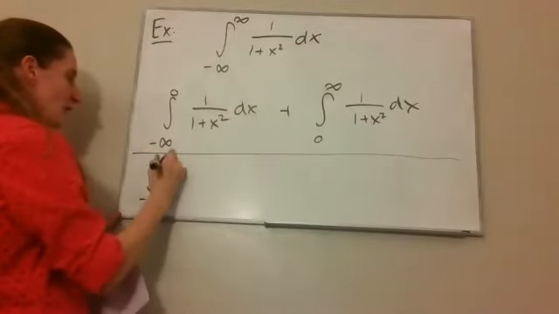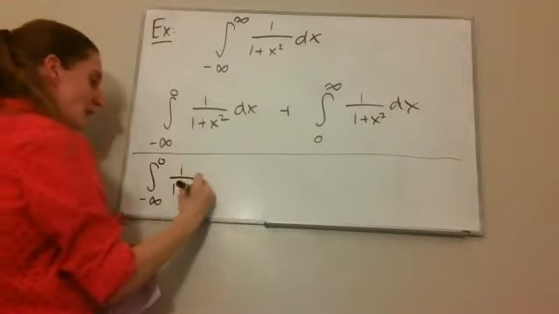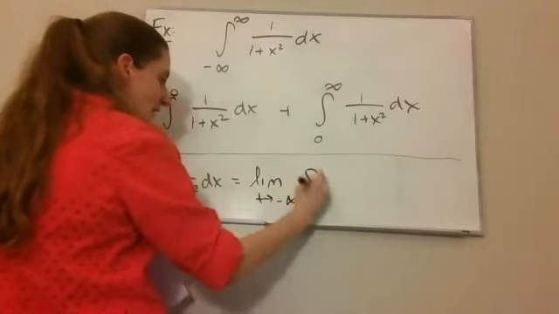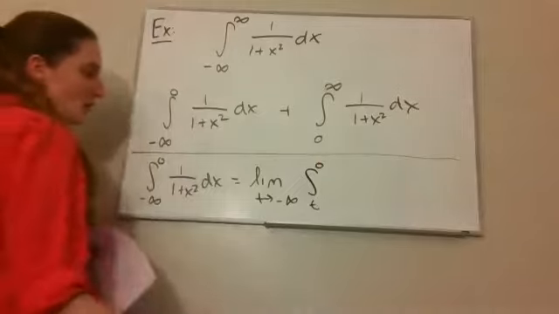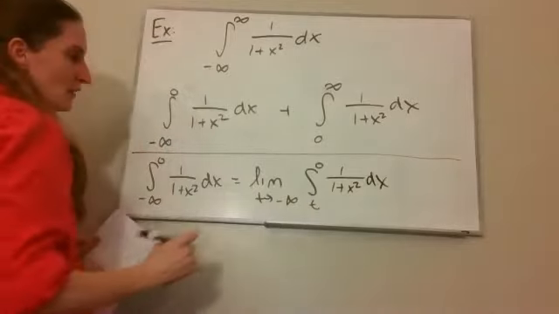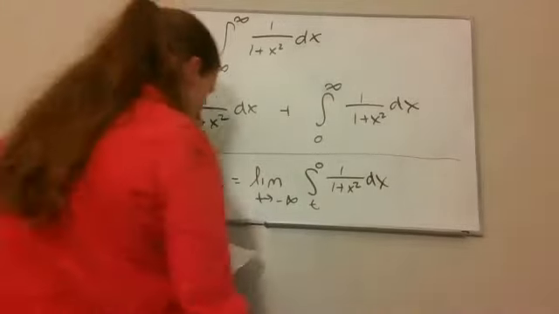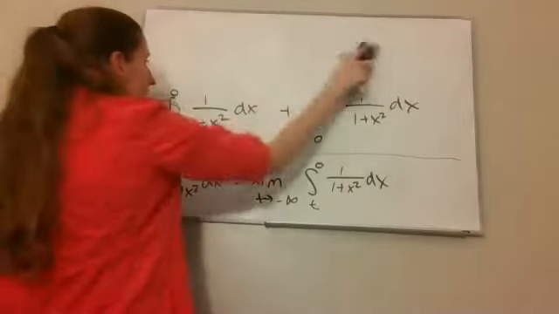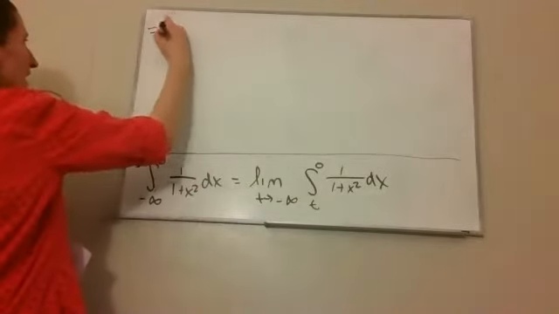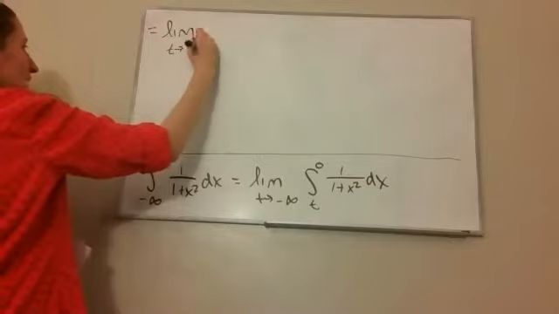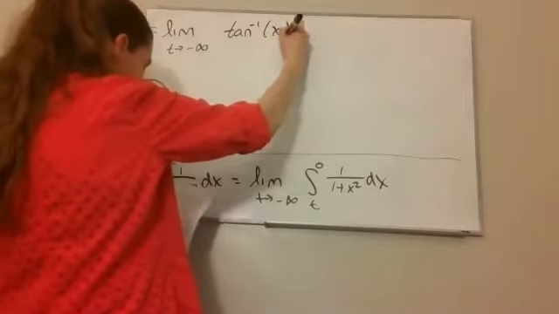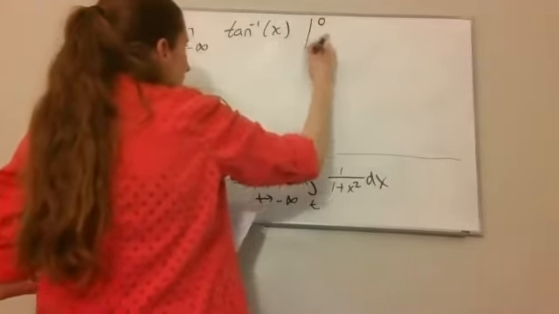So the integral from negative infinity to 0 of 1 over 1 plus x squared, I would rewrite as a limit as t goes to negative infinity, integral from t to 0 of 1 over 1 plus x squared dx. And the antiderivative of this 1 over 1 plus x squared is an inverse tangent. So for this first improper integral, I get the limit as t goes to negative infinity of the inverse tangent of x evaluated at 0 and at t.